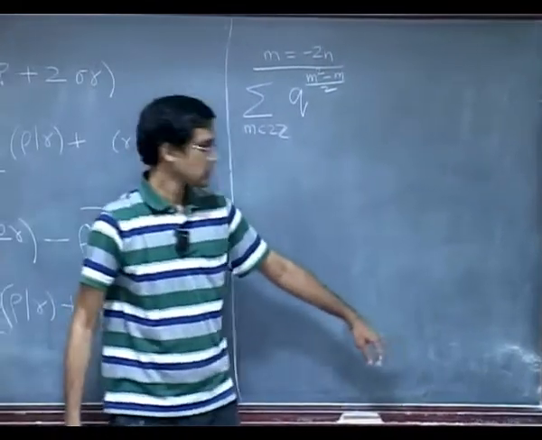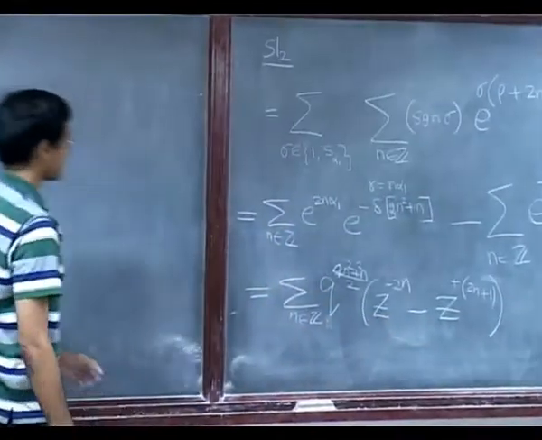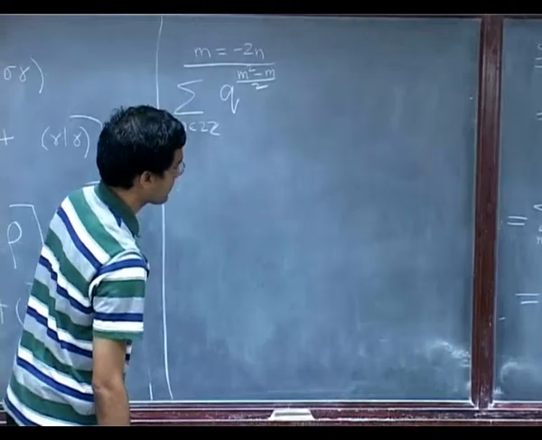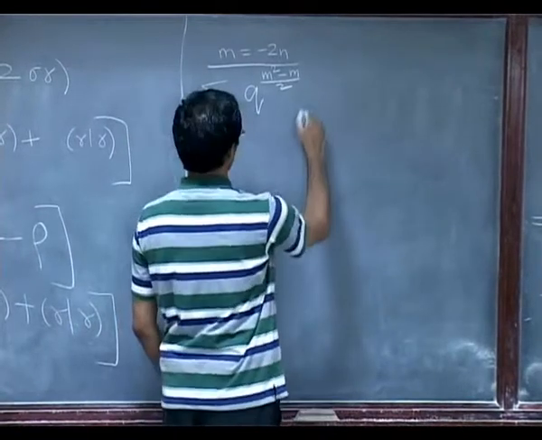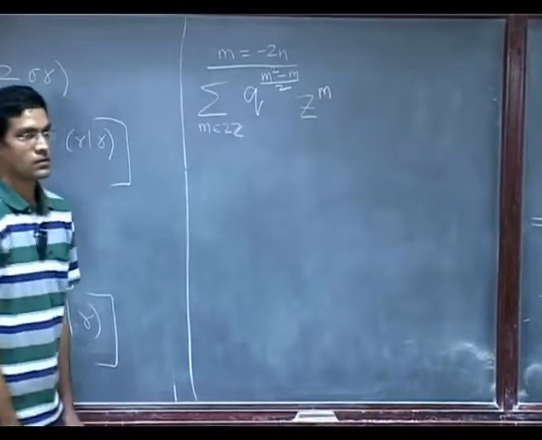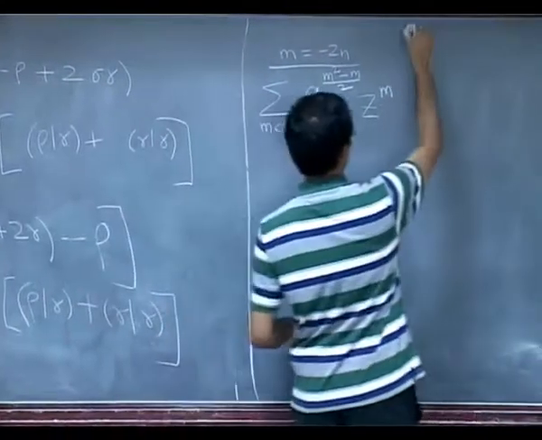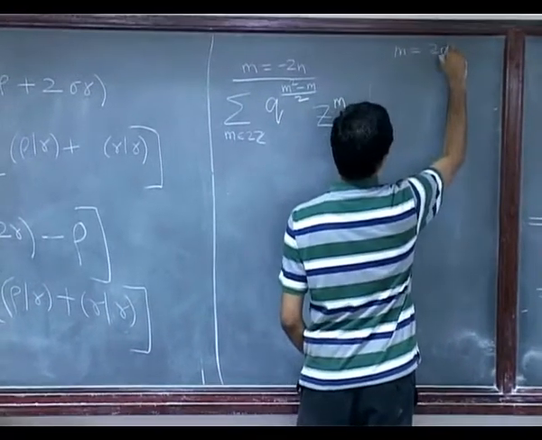Okay, so if I change, I'm only doing the first sum, only this fellow. So that's m square minus m, is that right, or plus m? Looks like minus, no? Okay, minus m over 2, and this is now z to the m, right? But it's only running over the even numbers. Okay, in the second sum, I will call m as the other thing, 2n plus 1.